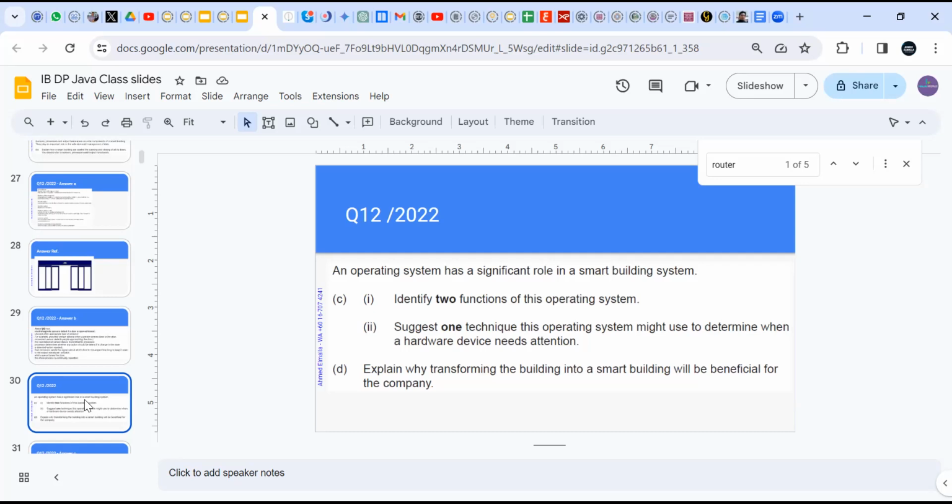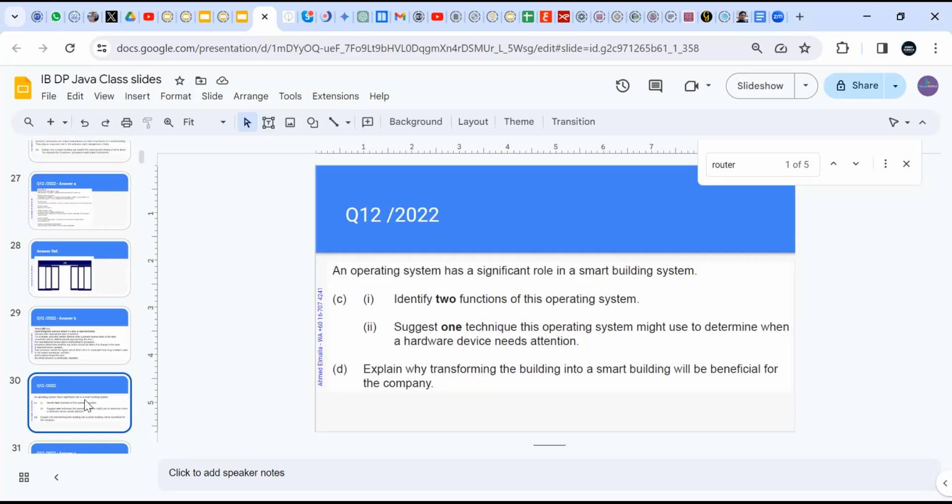And another function would be, well, even if this is a smart building, people might still need to change things manually at times. So people would need an interface for that. Okay.